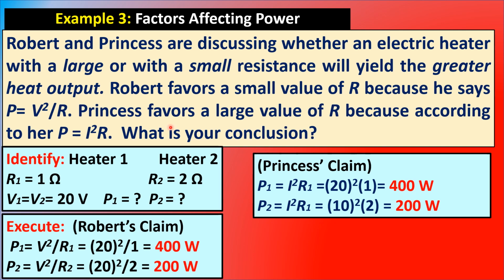So, according to Robert, the small value of R will yield the greater heat output, while Princess claimed that the larger value of R will yield the greater heat output. So, who between the two students is correct?